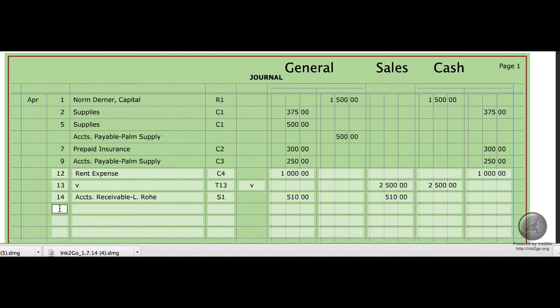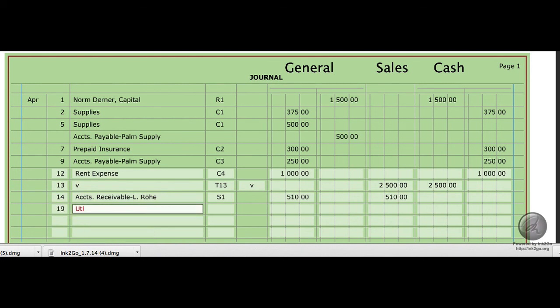On the 19th, I paid cash for an electric bill, $148, C5. The expense account, utilities expense, increases by a debit of $148. The asset account cash decreases by a credit of $148. My date is the 19th.